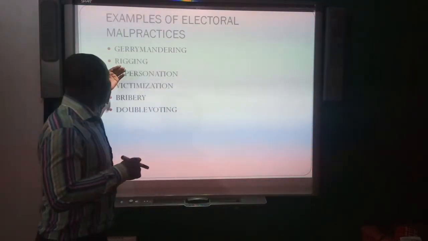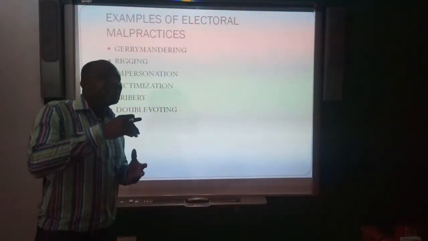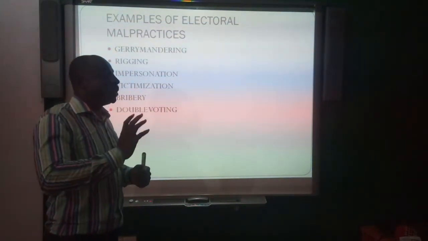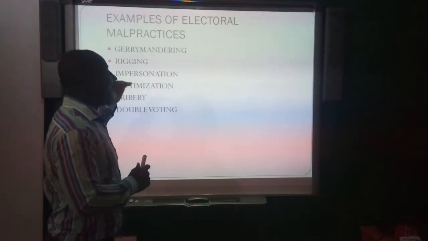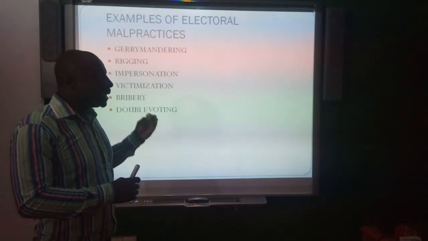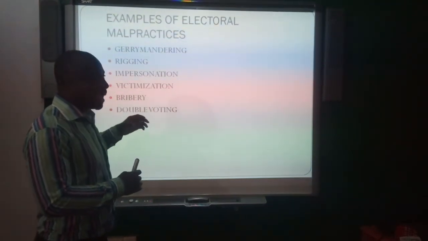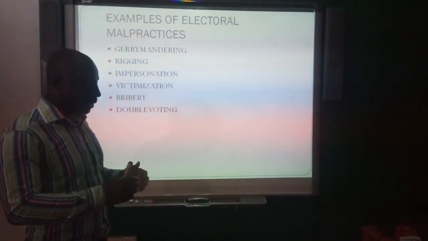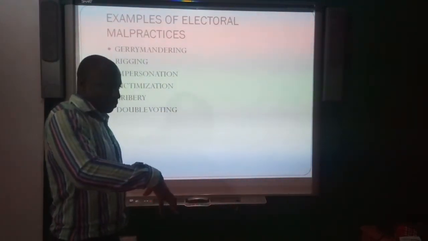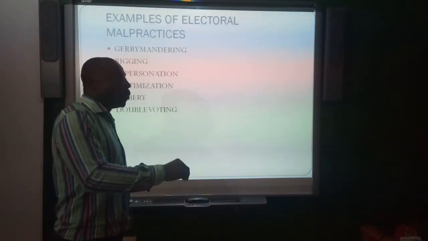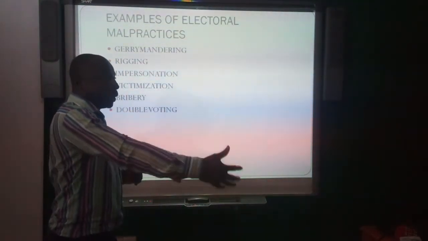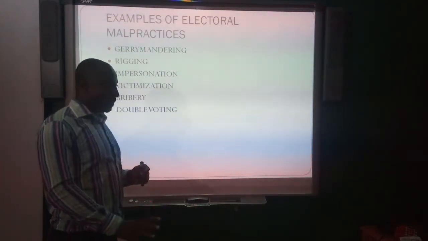Let's look at the second point that we call rigging. When we say rigging in an election, it means one is manipulating the electoral results in order to get advantage over the opponent. Here I may add ballots or votes to mine, or what an opponent has been able to secure, I reduce his number.